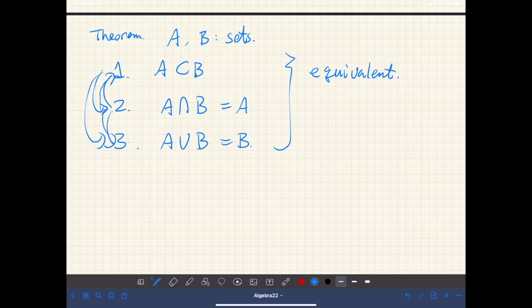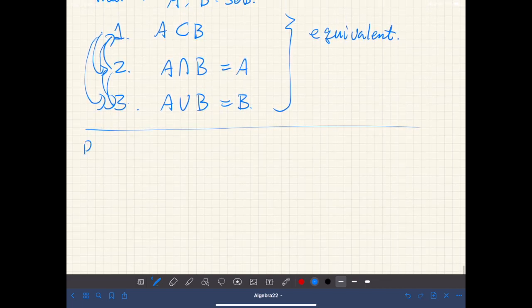So to prove this, what we need to do is to show that if 1 is true, then 2 is true, and vice versa. And if 2 is true, then 3 is true, and vice versa, and so on. We can prove in any order actually.